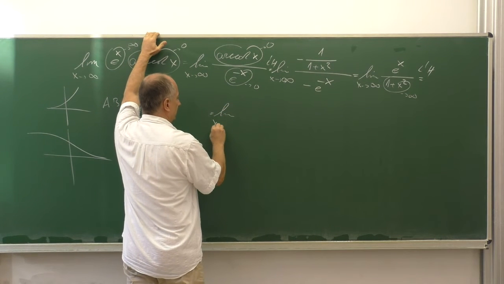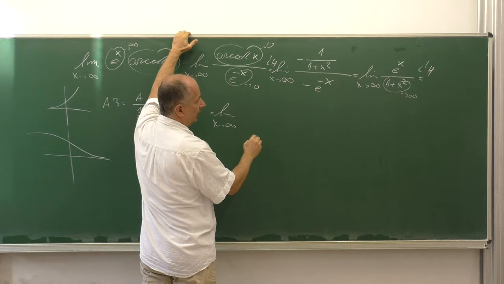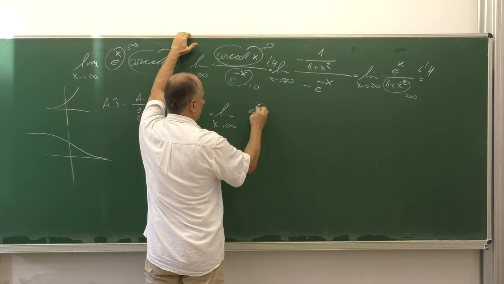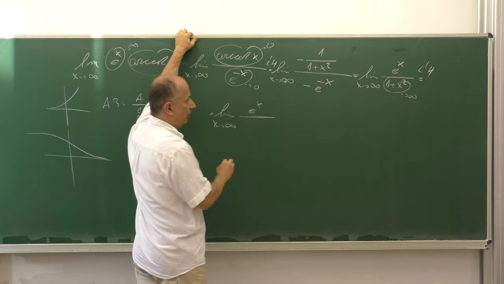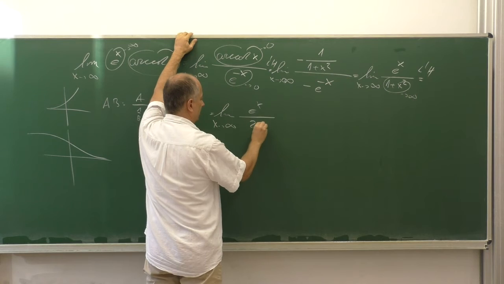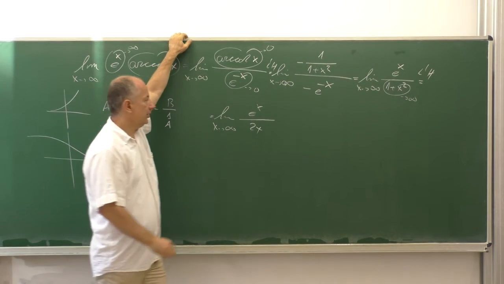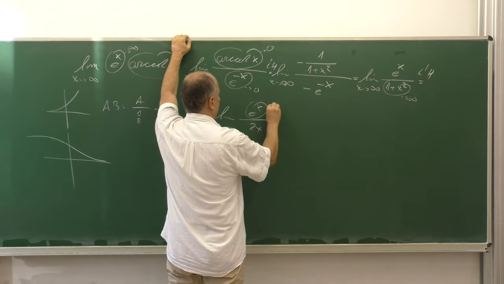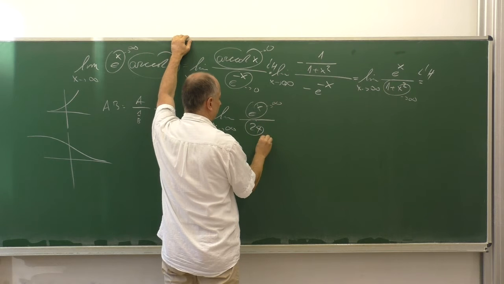And we have the limit for x approaching infinity. The derivative of e to x is e to x, and the derivative of 1 plus x squared is 0 plus 2x. This is still infinity divided by infinity.